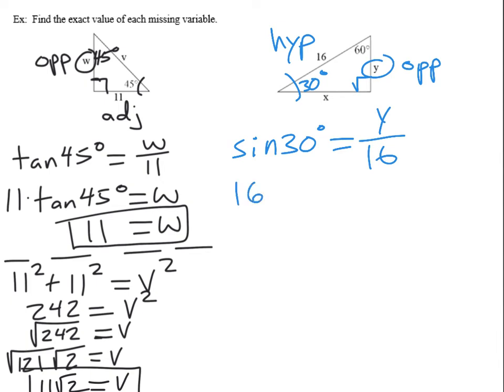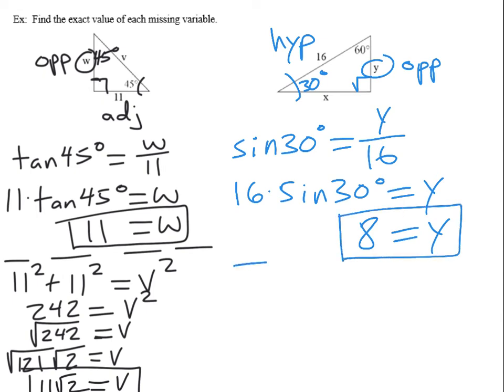But very similar deal, 16 times the sine of 30 degrees is going to equal Y. Similar deal. Go to your calculator if you want to. If you look back in your notes, you can see 30 degrees is also kind of a special case. It's a half, okay? You just would type in sine of 30 degrees and be like, oh, it's a half. I have that in my notes. Either way, it's going to work just fine. Y is 8.